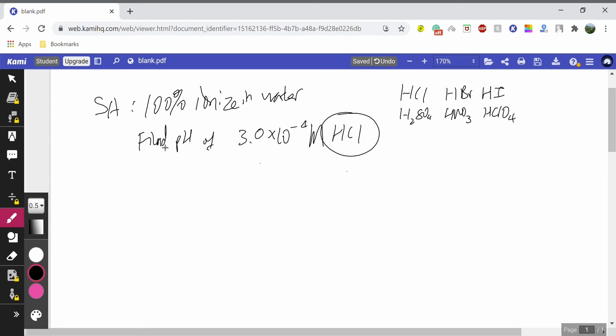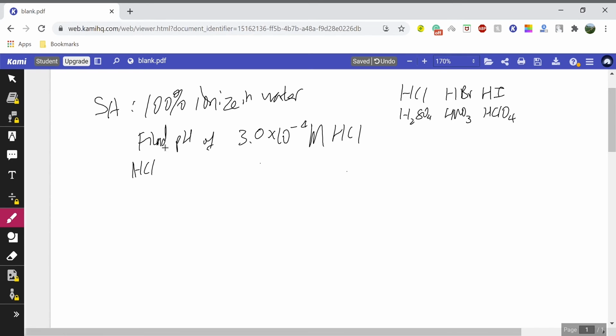Now, HCl is a strong acid, so when we want to find the pH of that, HCl plus water, HCl will donate its proton to make Cl minus plus H3O plus. Sorry, this is not a double arrow, this is a single arrow because HCl is strong.